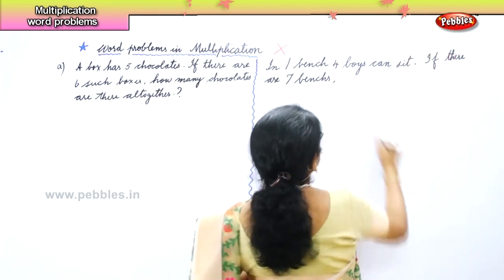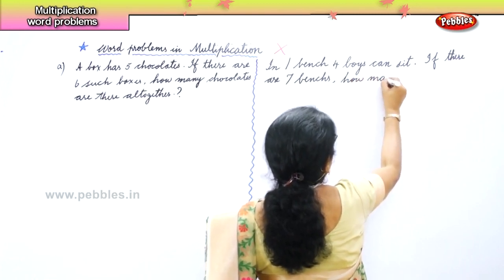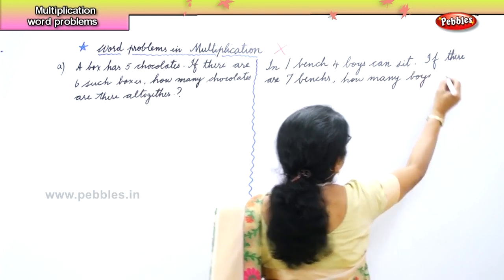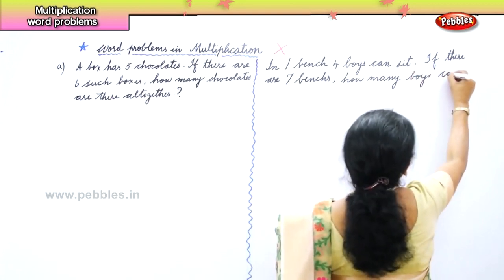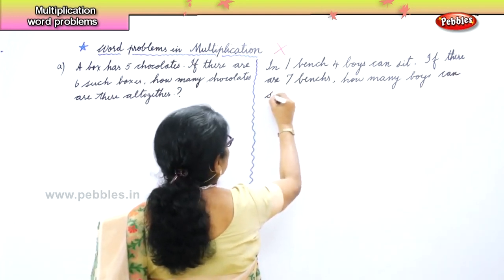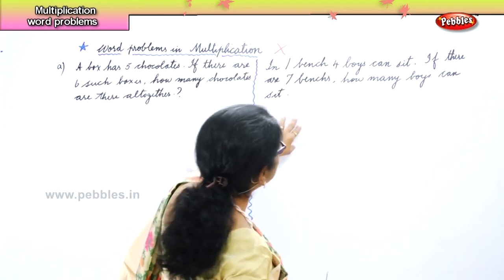There are 7 benches. How many boys can sit? So one bench has got 4 boys.